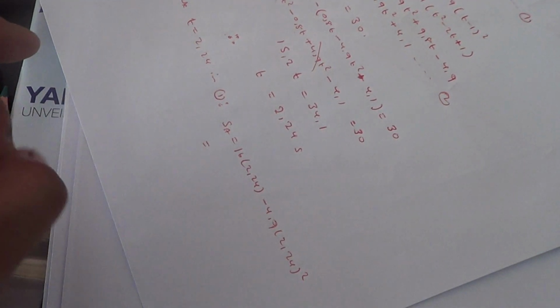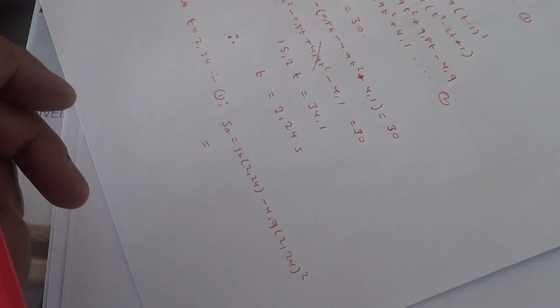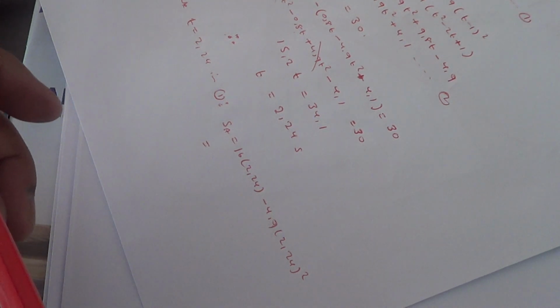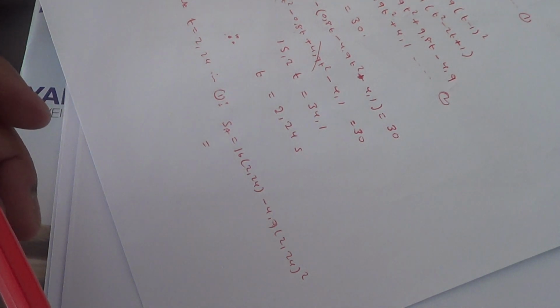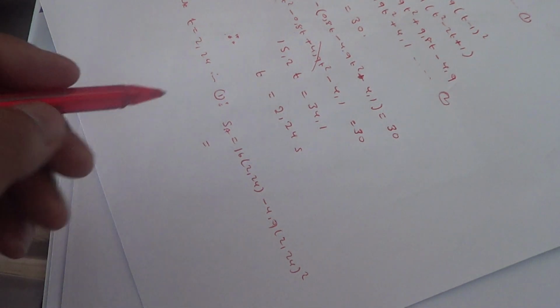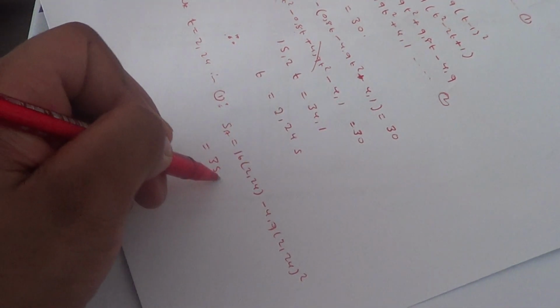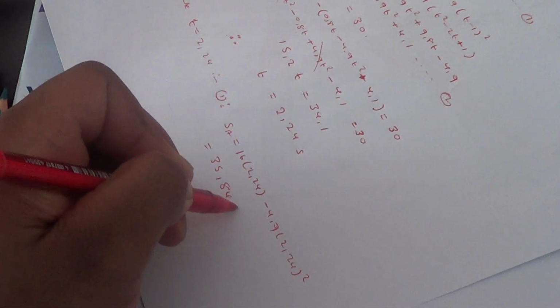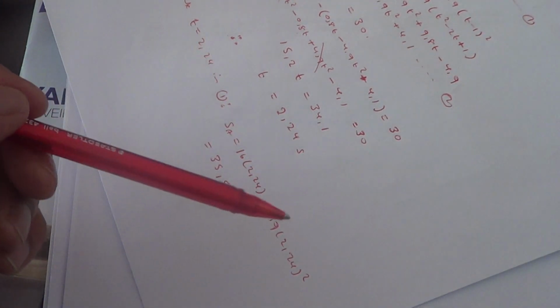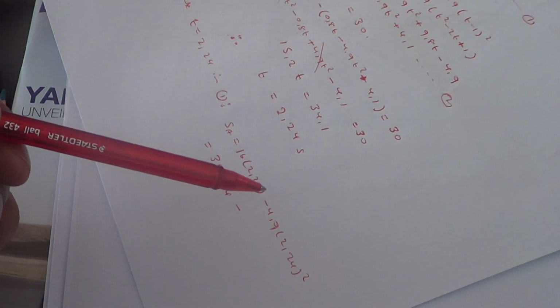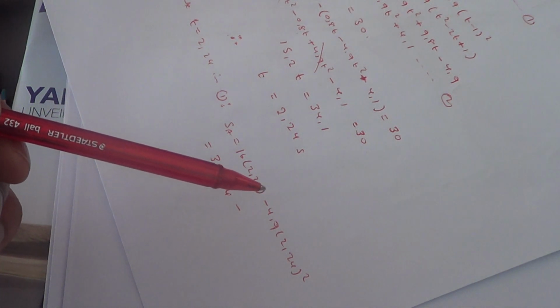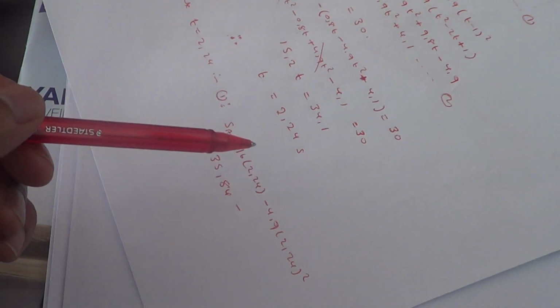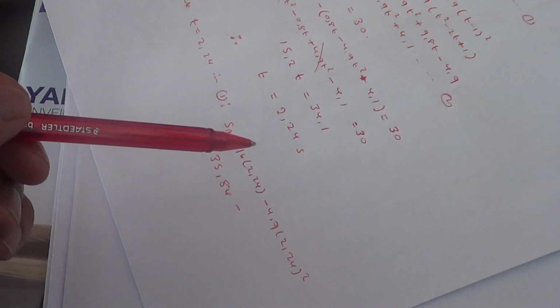We don't have to sweat here. So we're going to have here 16 times 2.24, which gives us 35.84 minus, and then here we're going to have here 4.9 into 2.24 squared.